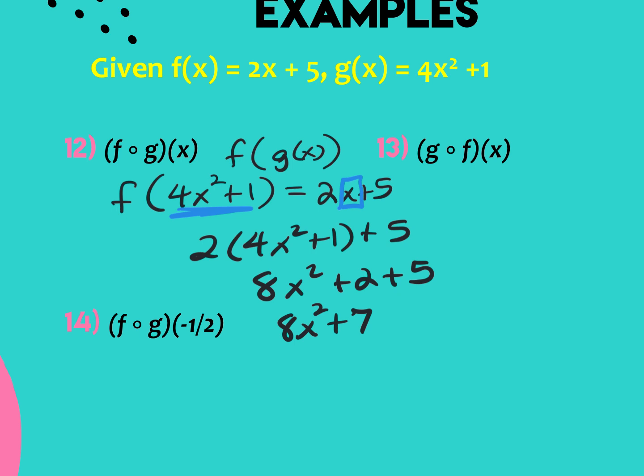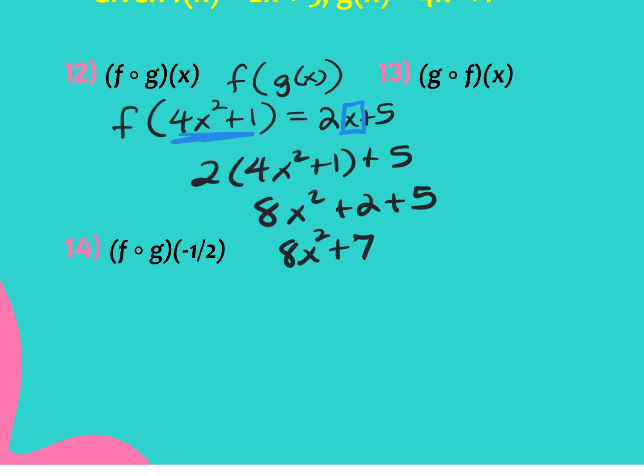Let me go ahead and do the one right below it, because they want me to still take that same function and now plug in negative 1/2 for my x in my composed function. So let me take my 8x squared plus 7. And now this time, I'm replacing x with negative 1/2. So let me go ahead and plug it in.